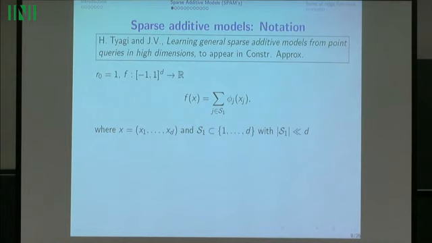So additive models means that your function f can be written or decomposed as a sum of univariate functions where each of the functions depends only on the corresponding component of the vector x. So if the sum would go from 1 to d, this would be additive models, and if we are restricted here to some small subset of all the indices, we call it sparse additive models.